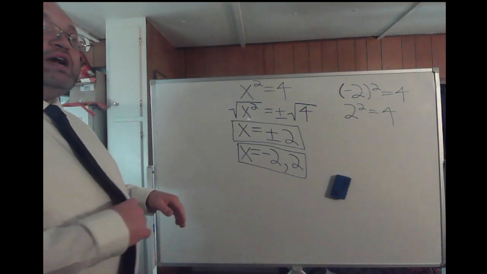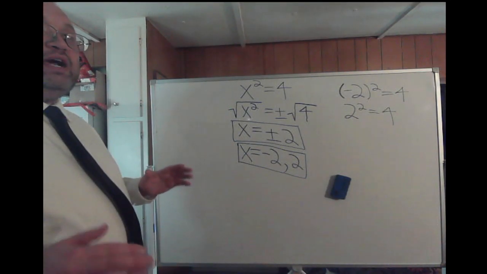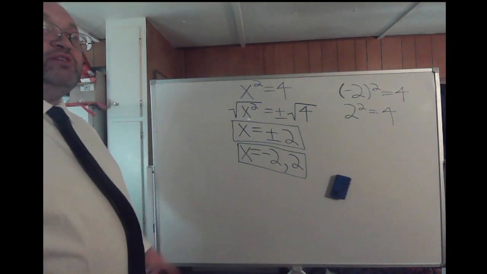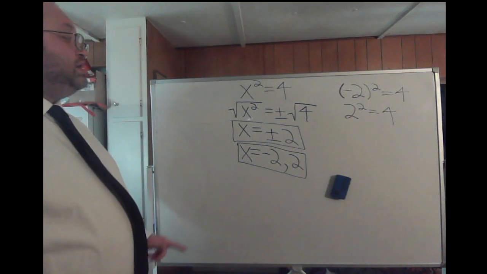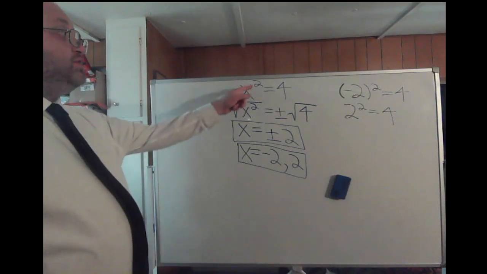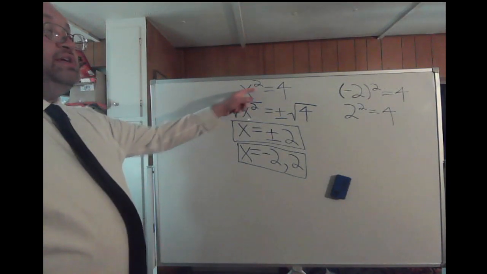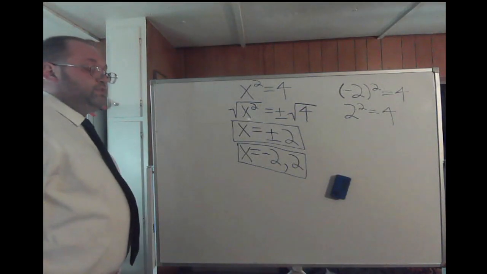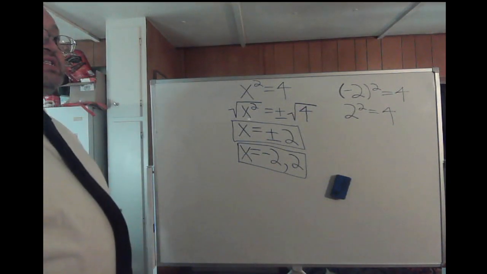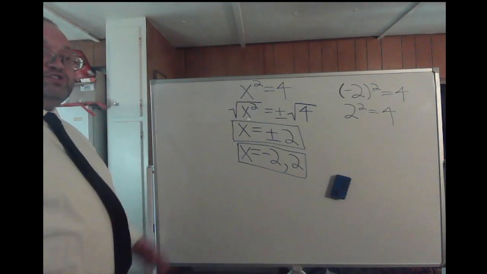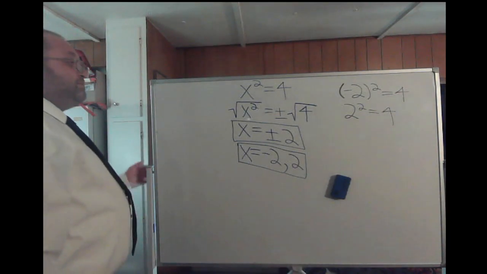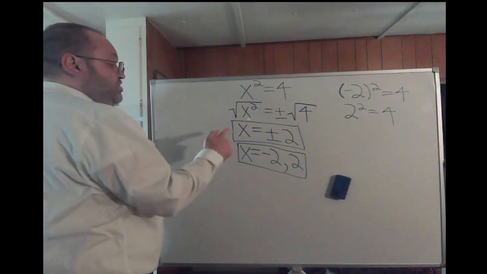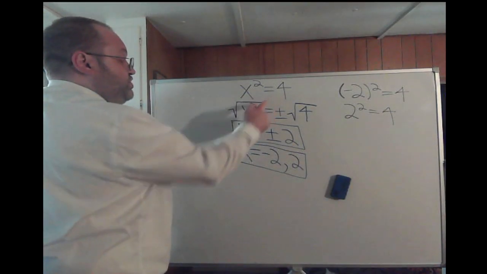Now, we're not going to learn this right now. This isn't until Algebra 2. But in Algebra 2, you're going to learn a theorem called the fundamental theorem of algebra, which teaches you that whatever the degree of your equation is, that's how many solutions you have in the complex number system. The real numbers are part of the complex number system, which we'll get more into in Algebra 2. But for now, just know that quadratic equations will have two solutions at least.